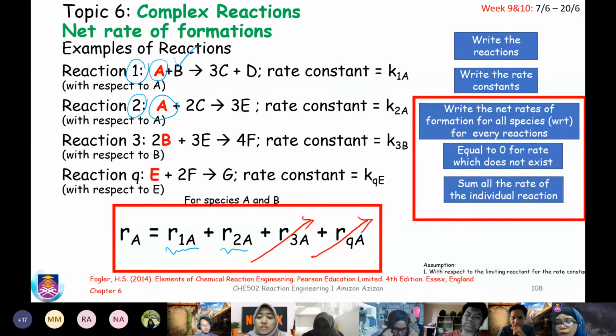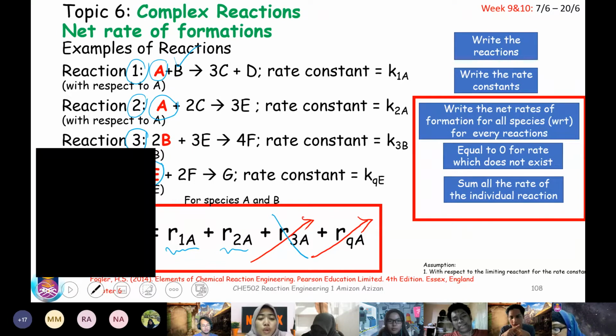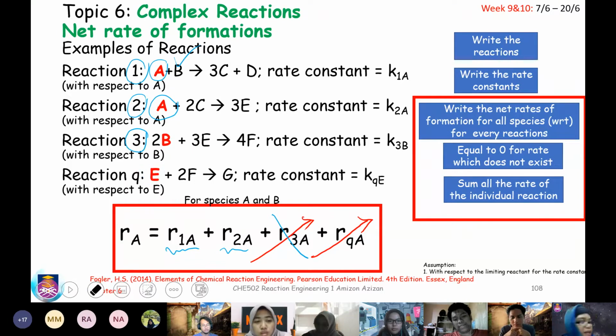In reaction equation number 3, do we have species A? No. Thank you, Karina. So we cancel that out. In equation Q, do we have A? Sorry, I circled the wrong thing. Do we have A? No, we don't. Thank you, Nada, Nazrin, Shafika. We don't, so we are going to cancel that out.